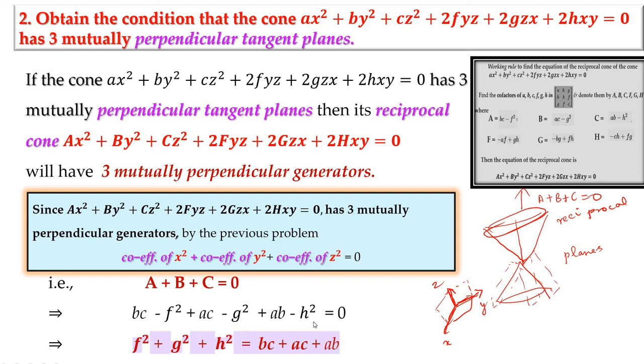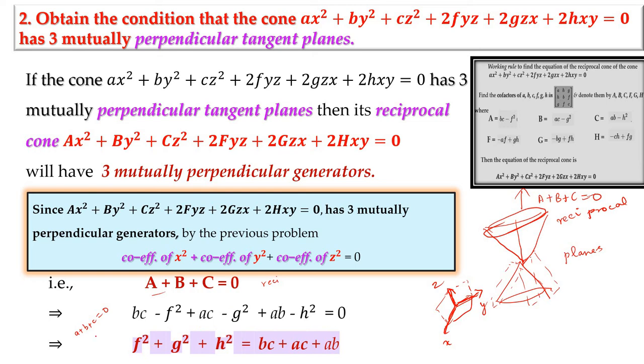Now, given the cone, the reciprocal cone will have three mutually perpendicular generators provided this condition is true, and the given cone will have three mutually perpendicular generators if small a plus small b plus small c is 0. So this is for the given cone, and this is for the reciprocal cone.